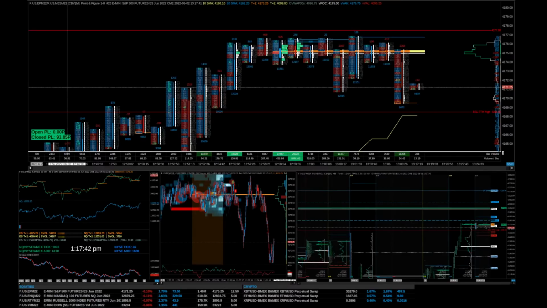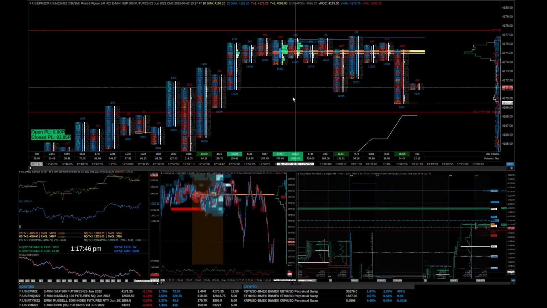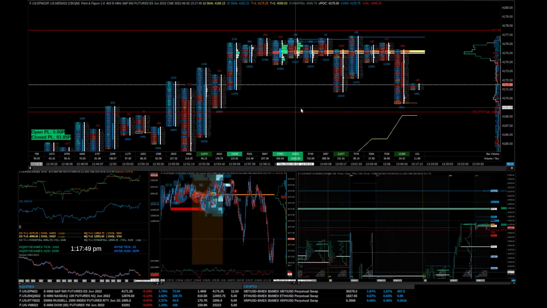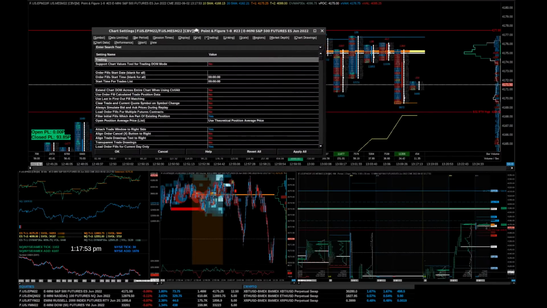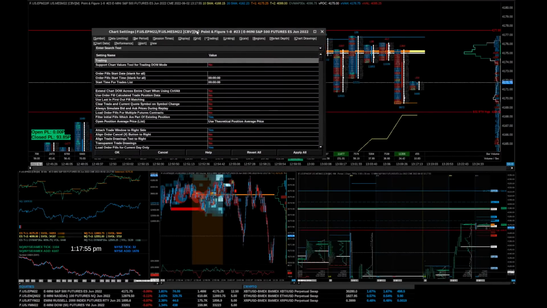Simsom asks, Mike, what setting do you use for open position average price? I use this one. I go to chart settings, and it's off the screen. I use theoretical position average price when I'm in the mood to scalp around a position and try to hold it for a longer period of time.